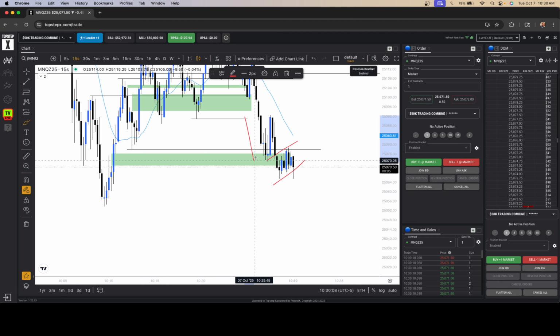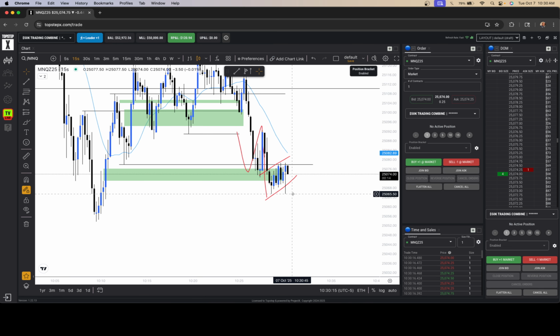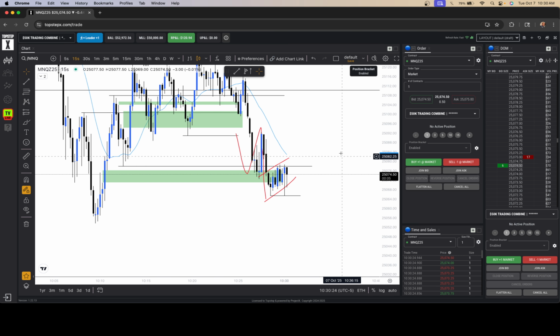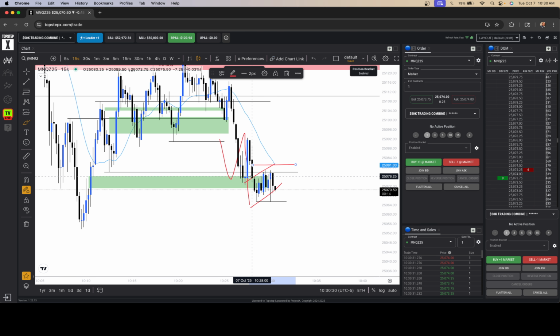This could be like a bearish flag pattern. We got equal lows right here as well now. We also have this imbalance, which we may tap back into one more time before finally pushing and taking out this low.